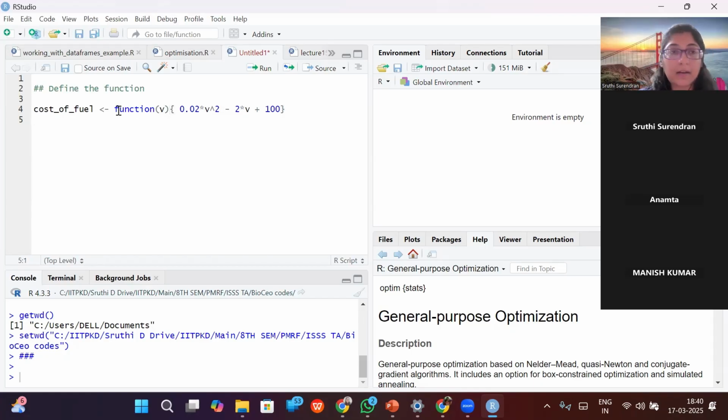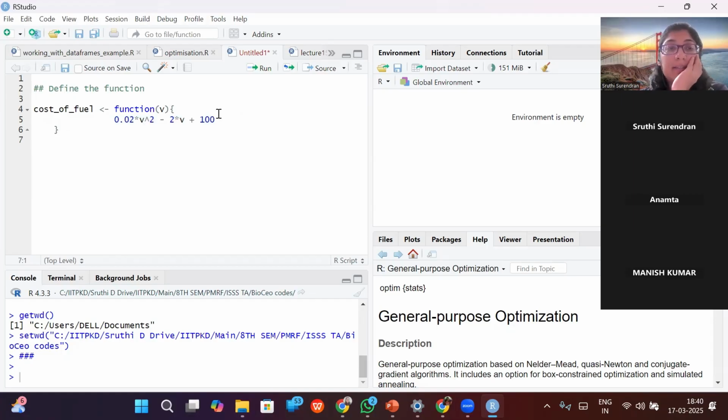Usually in R, when you open this bracket, you tend to write the function in the next line. It is not going to make any difference, and the closing bracket can be given on the next line. The difference is when you have a lot of equations within this function.